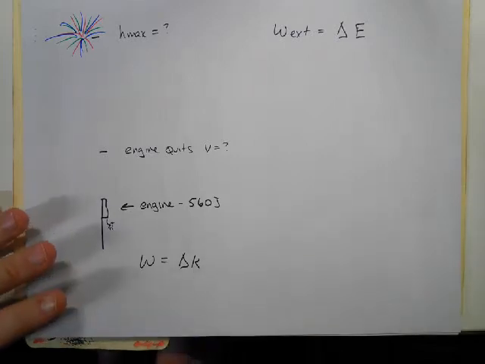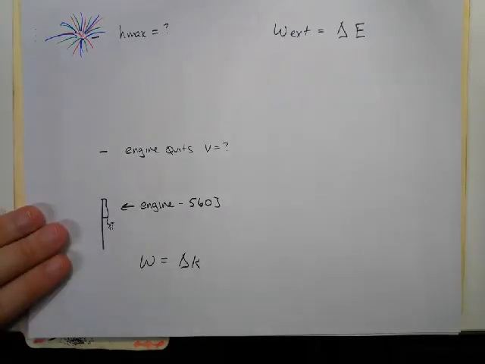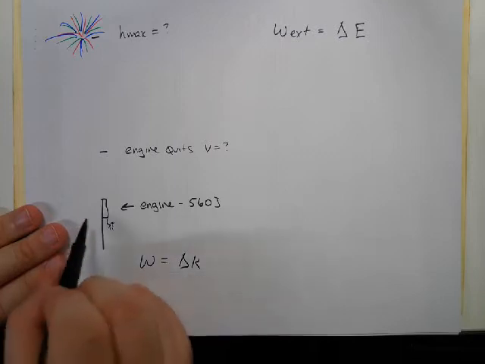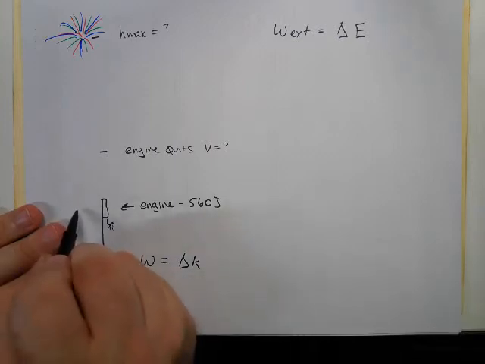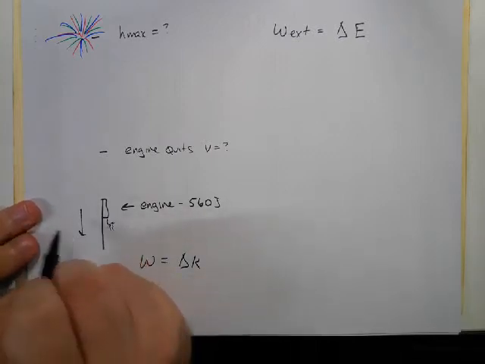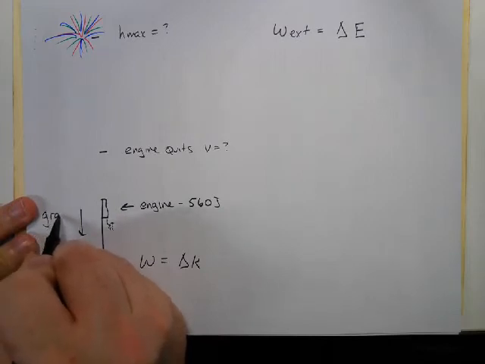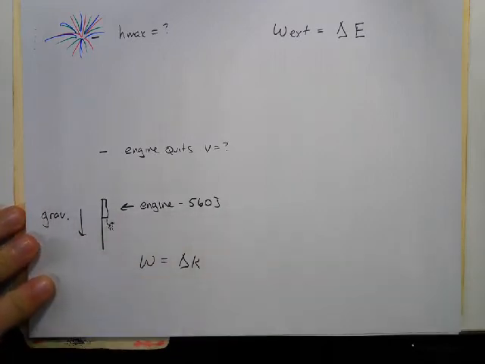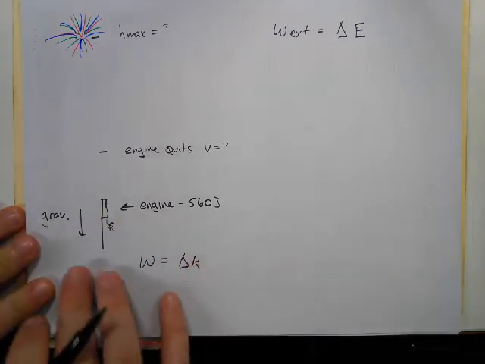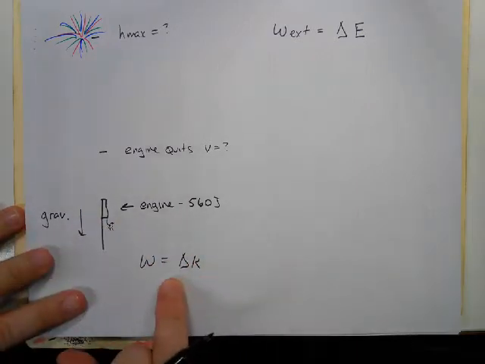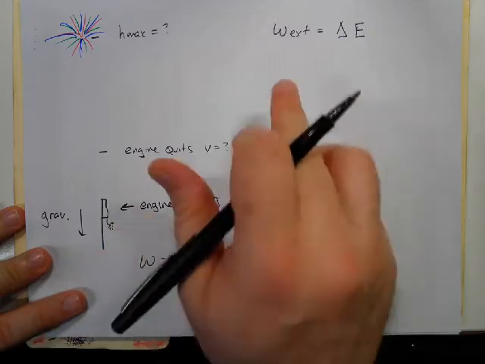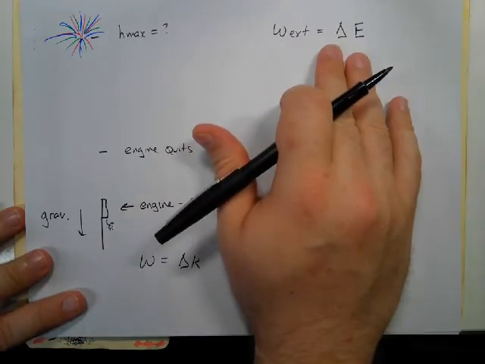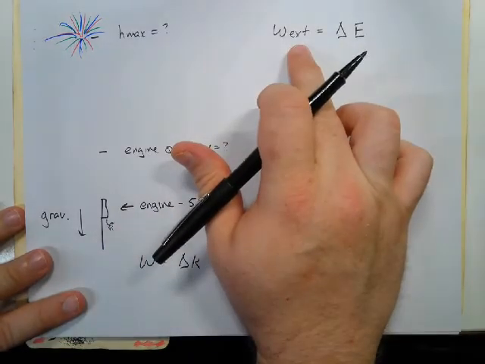You could do that, but you would also have to factor in gravity, since there would also be a gravitational work. So we don't want to completely go about this path. This is long compared to this. We'll just do the change in energy is the external work.